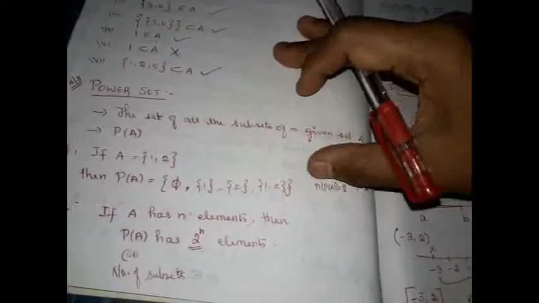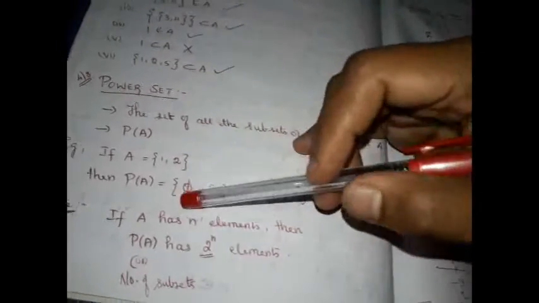We will denote it by P(A). How many elements will be there in the power set? If A has n elements, then P(A) will have 2^n elements.